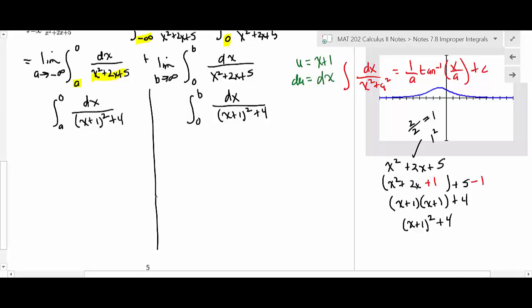You can go through the details of U-substitution if you want to, but really what you're going to have is this same integral formula, but instead of having an x, you're going to have an x plus 1. So I'm just going to go ahead and not go through all the U-substitution process because you don't have to do it on this problem necessarily.